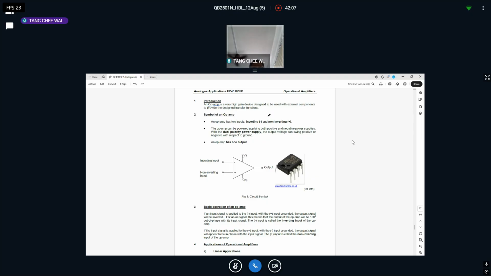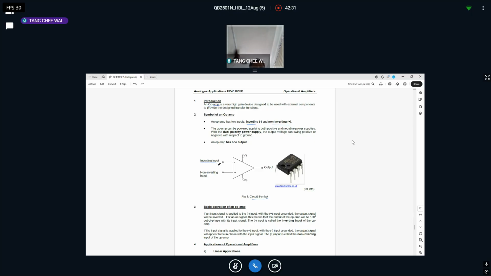First things first, very important to draw your attention. This symbol is drawn for an operational amp. This is an op amp symbol. First thing you need to know is these two terminals, which we call inverting and non-inverting, as written here.